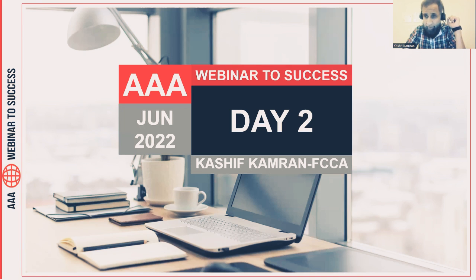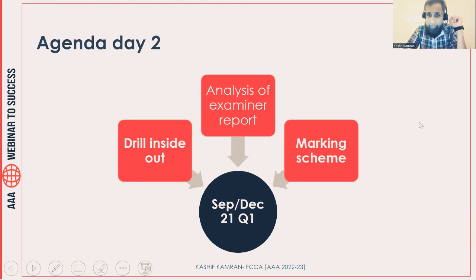Now, just a quick recap before we enter into part 2. In the first part of day 1, we were looking at a drill on September-December 21, question number 1. And we are still in question number 1, as many other things need to be discussed and settled.